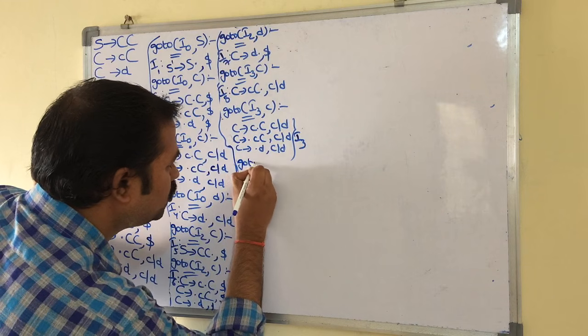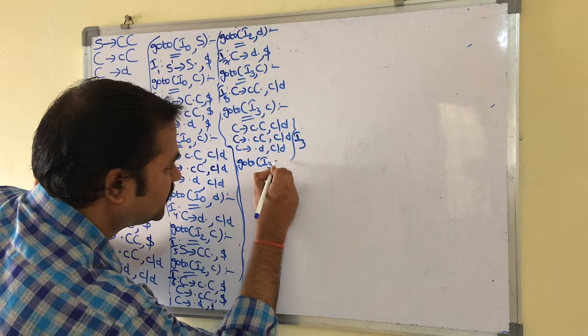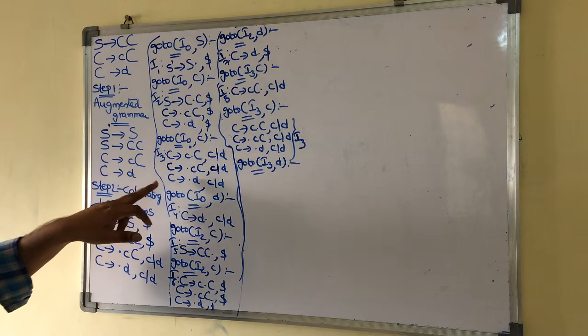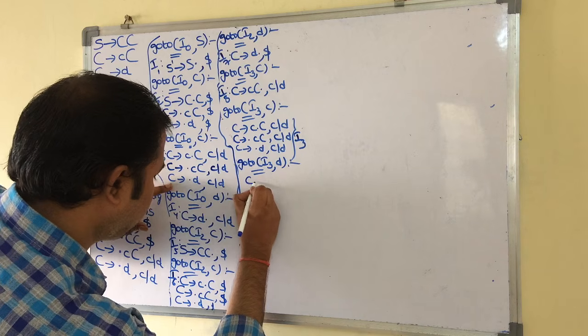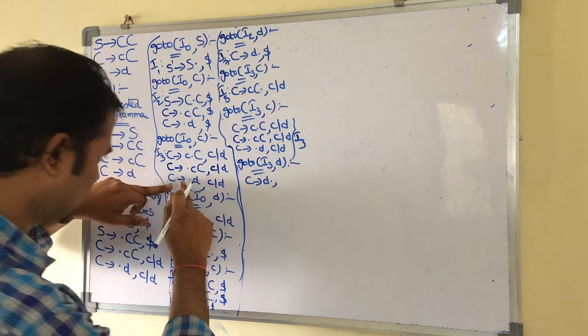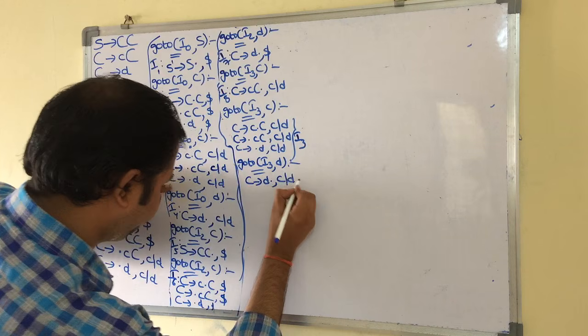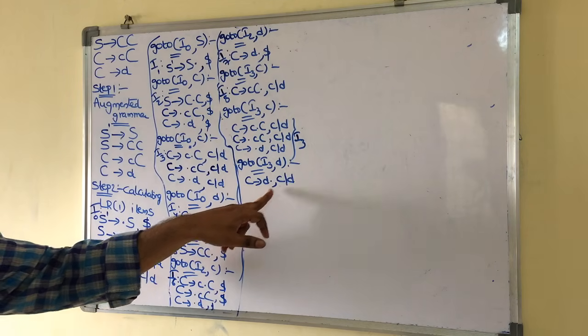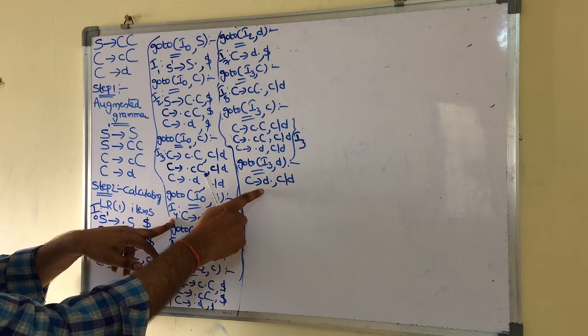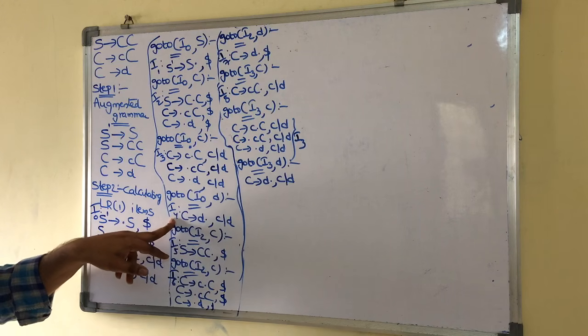Next we have to calculate goto of I3 comma D. So whenever we apply goto, then what will happen? A dot will be moved one position to the right. So C produces d dot comma. What is the lookahead part? C or D. So C produces d dot, C or D. So C produces d dot, C or D. So production is same as well as lookahead part is same.